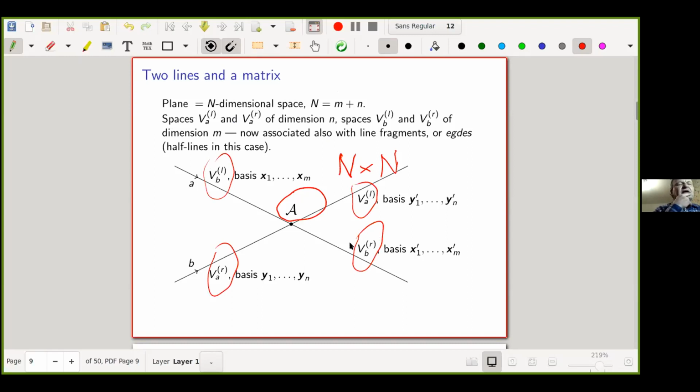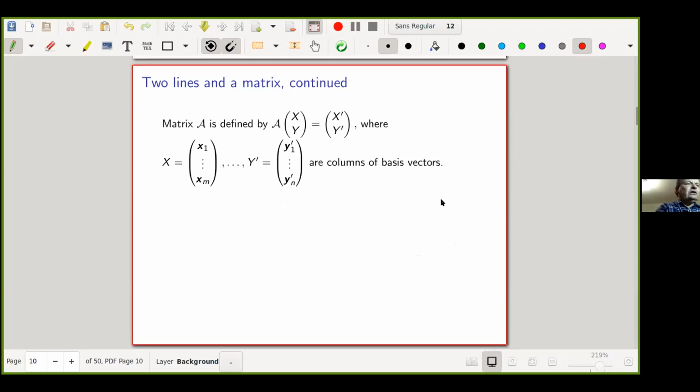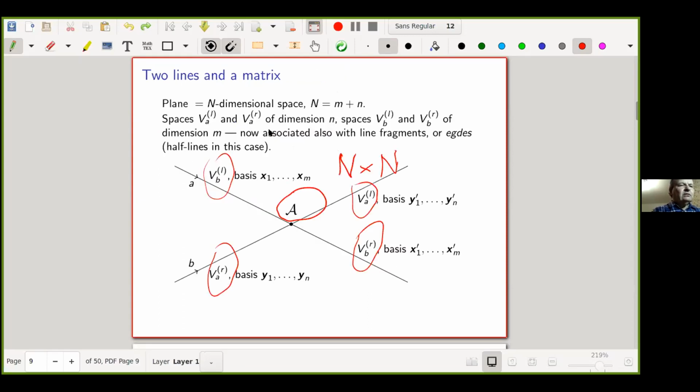Take any basis, denote them like it is written here, make columns of these basis vectors, and define matrix A beautiful in this way. Is it clear?